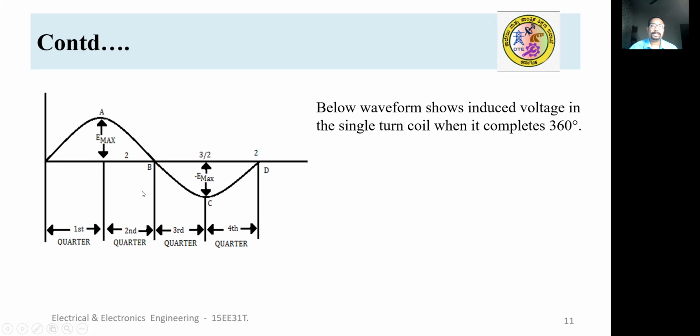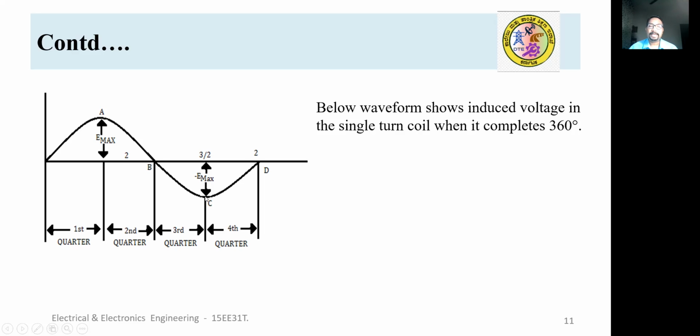In the second quarter, 180 degrees of rotation, the induced EMF reduces from its maximum value to zero. Again, in the third quarter, from 180 degrees to 270 degrees, the induced EMF increases from zero to its maximum value, that is point C, but in the opposite direction. This is plus E maximum, this is minus E maximum.